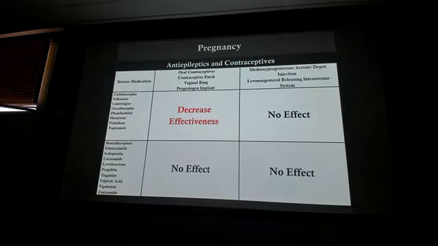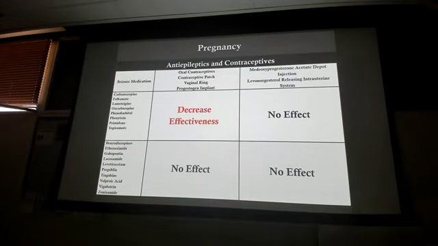Okay. So this is a summary chart trying to tell you essentially with all of our anti-epileptics, what do you have where it's decreasing the effectiveness, and which medications do you have an option of not having your contraceptive be affected at all by your anti-epileptic.